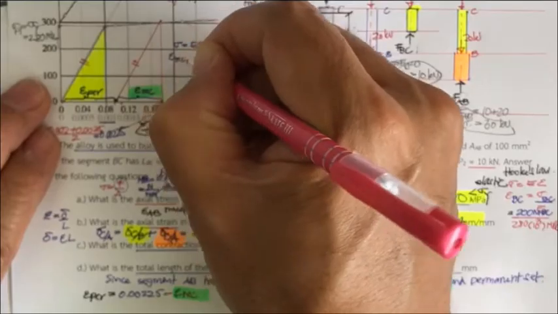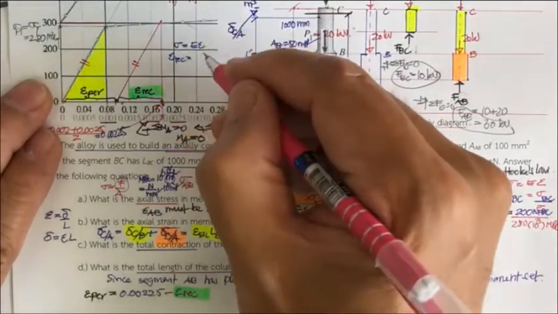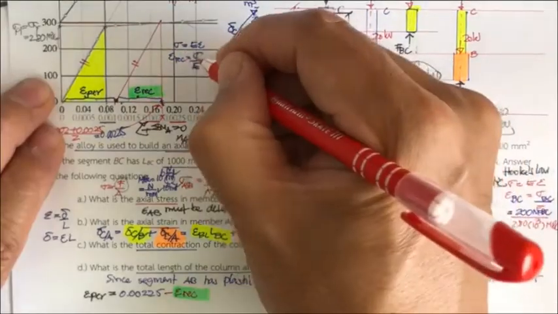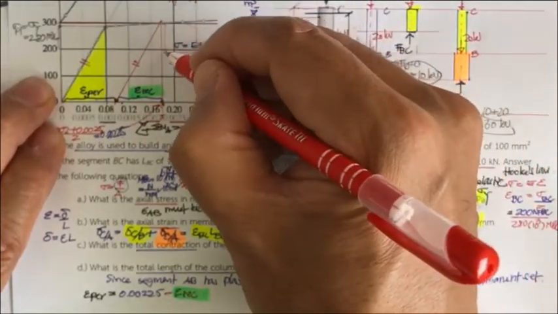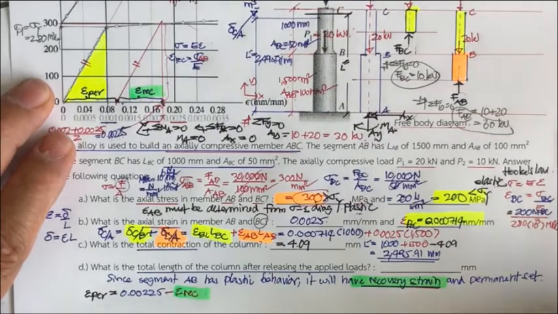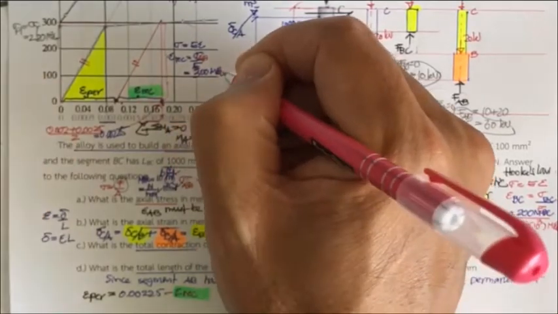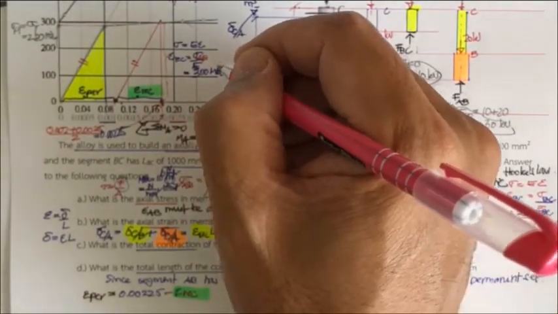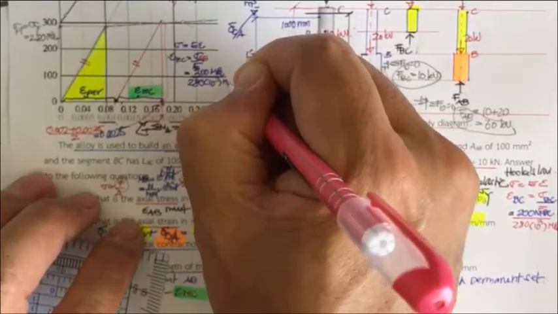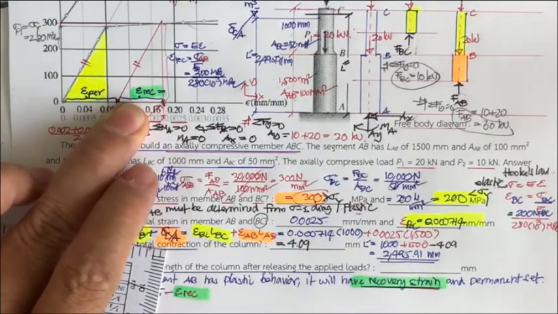So strain recovery is the stress divided by E, and the stress is stress sub AB, which is 300 megapascal, divided by the modulus of elasticity of 280 times 10 to the power 3 megapascal.